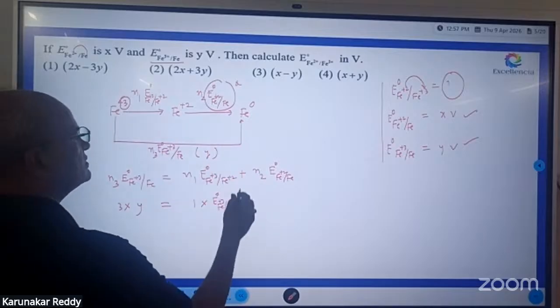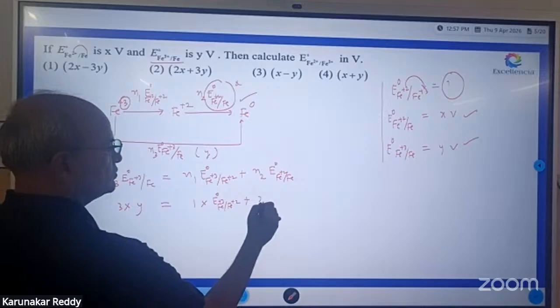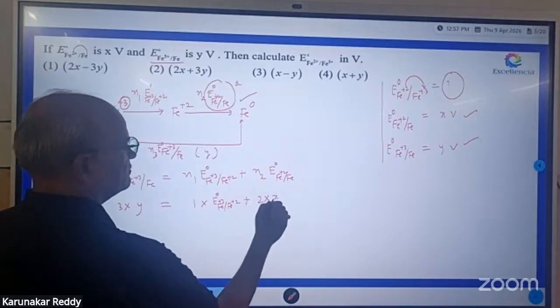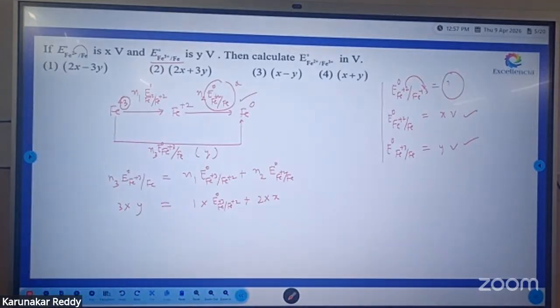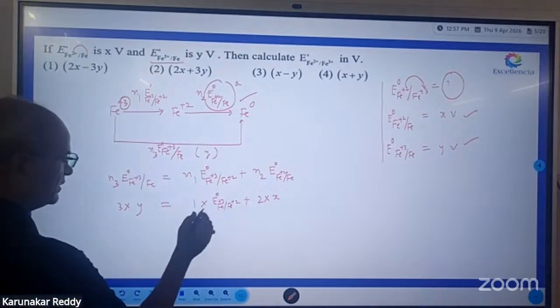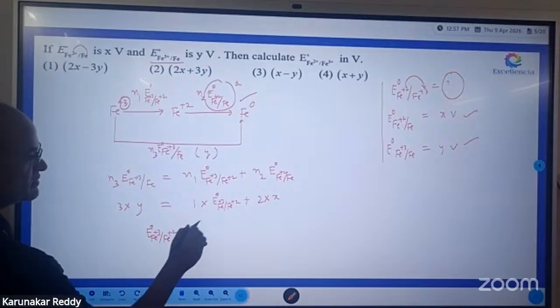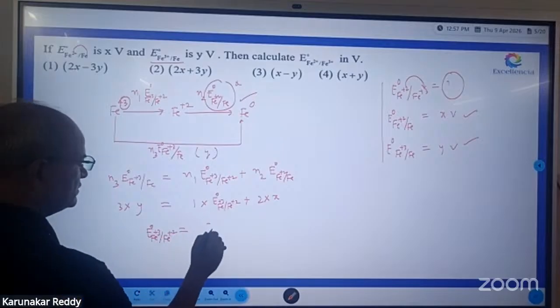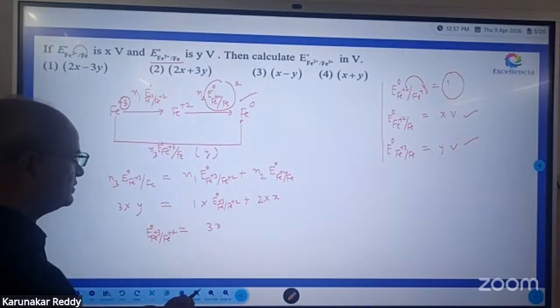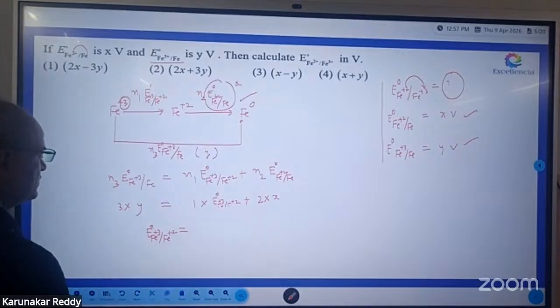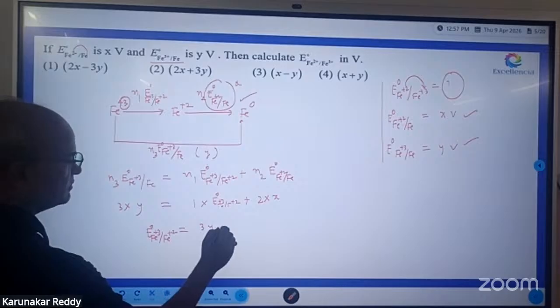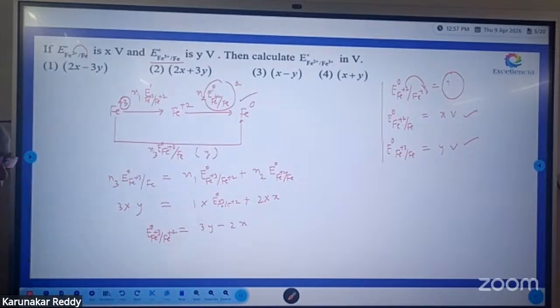N2, the number of electrons involved here, will be 2, and the electrode potential they gave us is X for Fe plus 2 to Fe. Now, the standard electrode potential of Fe plus 3 to Fe plus 2 is equal to 3Y minus 2X.